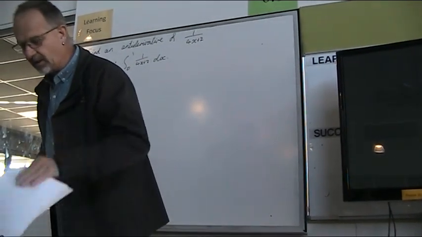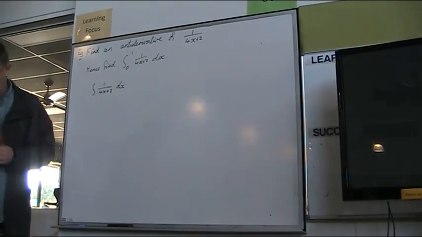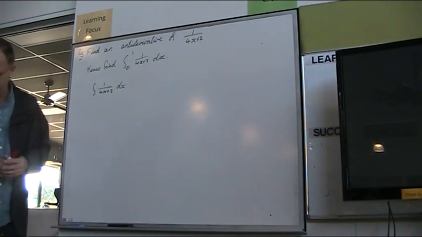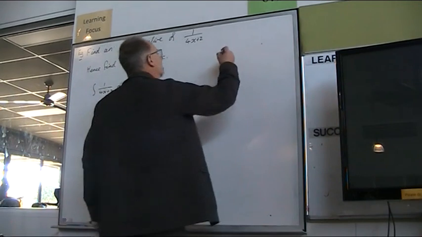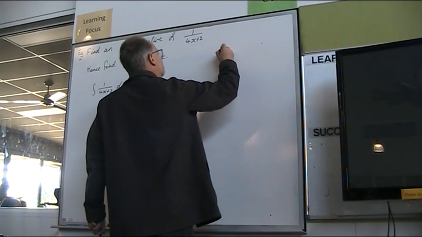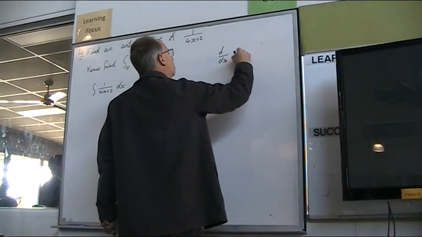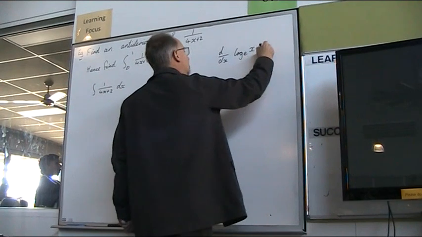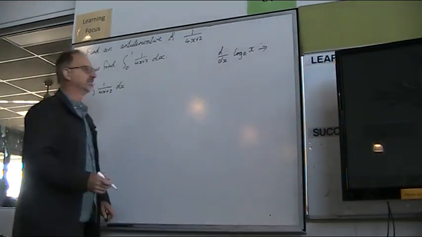Yeah. All right. So, with calculus, I've got my formula sheet here with me, but if you have a look at your calculus, the derivative of log to the base e of x is 1 on x, yeah.